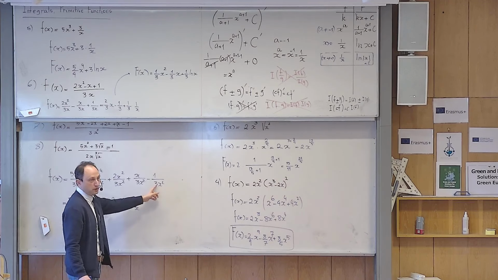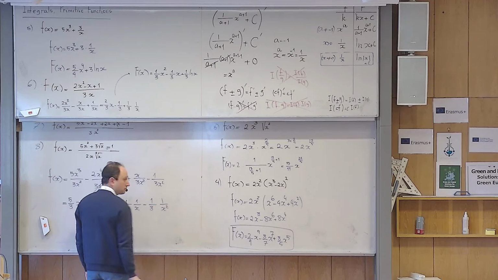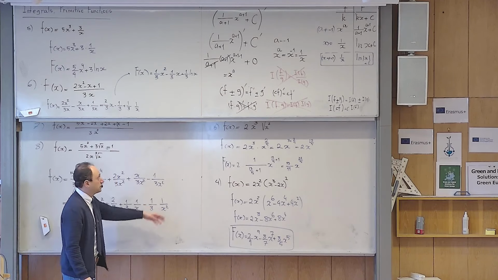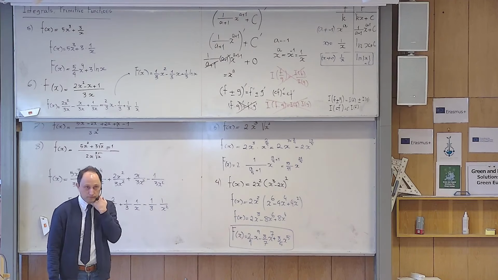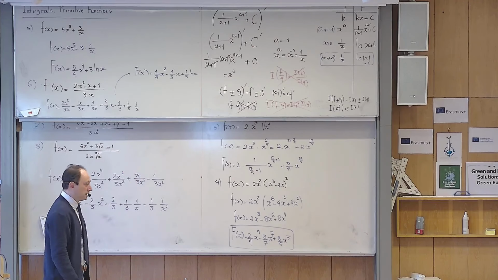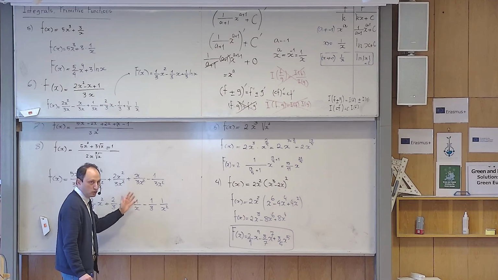1 over x is an exception, so remember, whenever 1 over x appears, leave it like this. But what about this one? So here I write it as minus 1 over 3. If I insist to write this, then I am in trouble. Why? Because 1 over x squared is not in the table. 1 over x is the only one in the table. So remember about the exception of 1 over x in Math 4. 1 over x should be kept as it is.